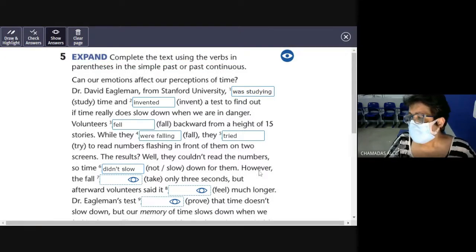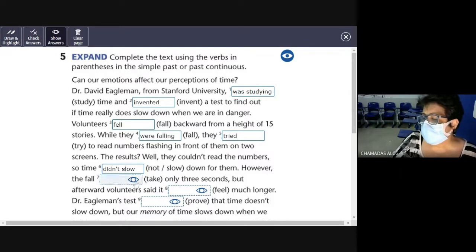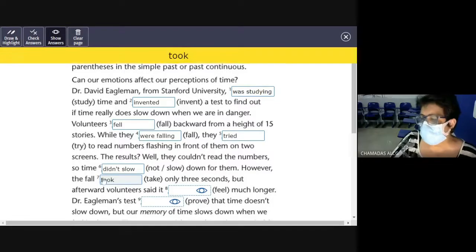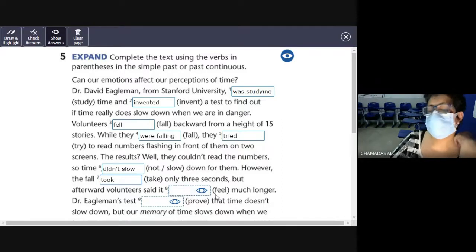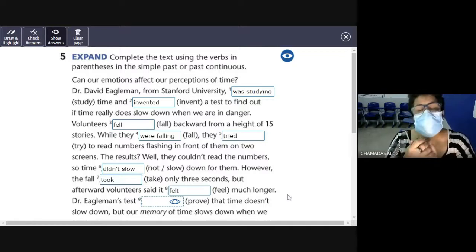However, entretanto, however, the fall took only 3 seconds. But afterward, volunteers said it felt much longer.